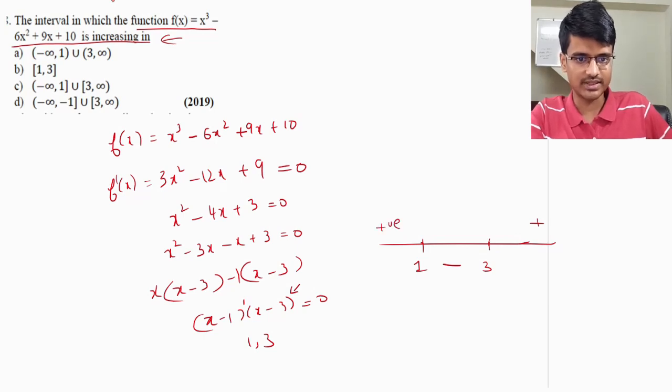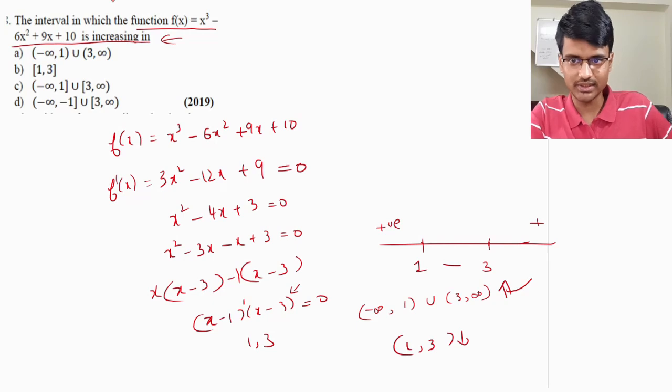So as you can see, the function is increasing between minus infinity to 1, union 3 to infinity, and decreasing between 1 and 3. The bracket is important. So the correct answer is option A.